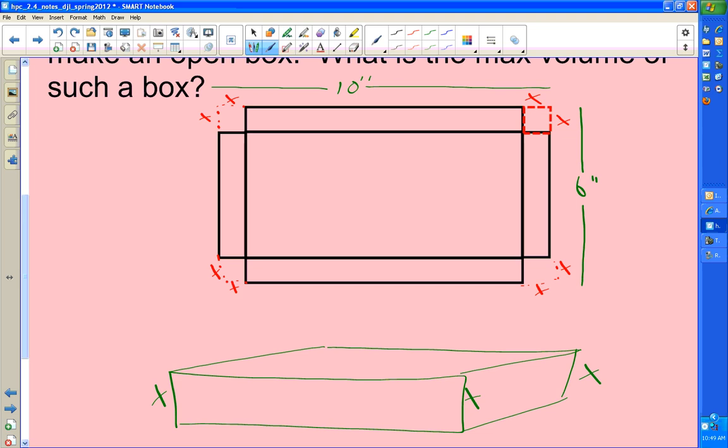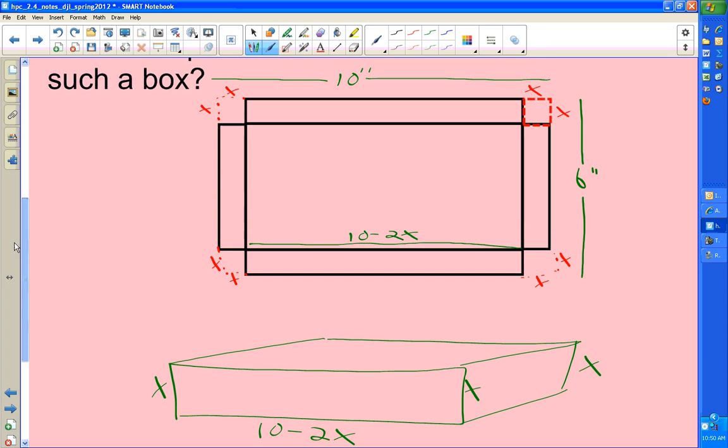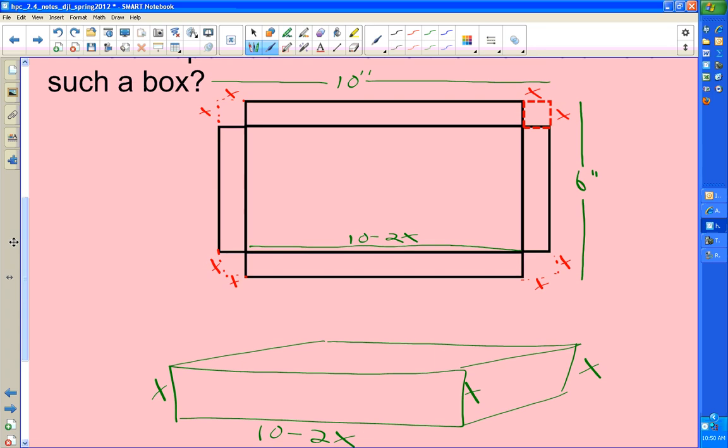Now, what will the dimensions, the length of the bottom of the box, be? 10 minus 2x, because you took x away here and here, so this piece will be 10 minus 2x. And what will the width of the bottom of the box be? 6 minus 2x, right here. So that's 6 minus 2x.